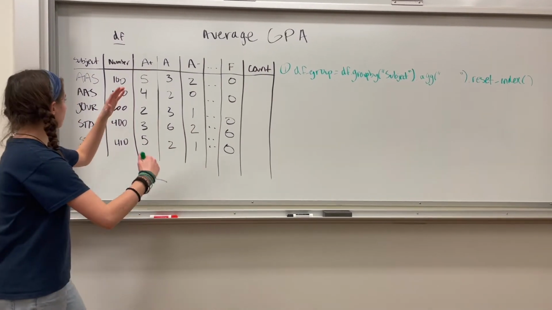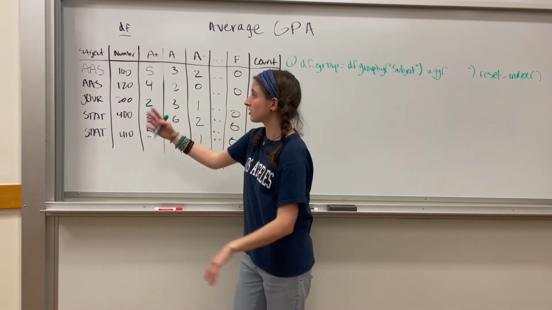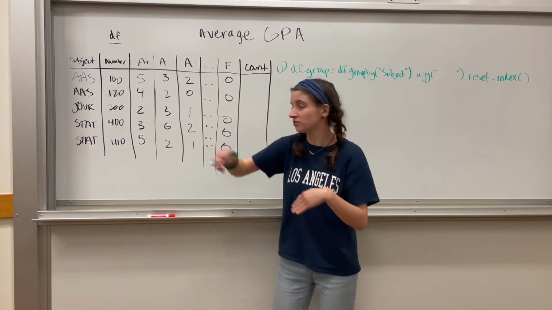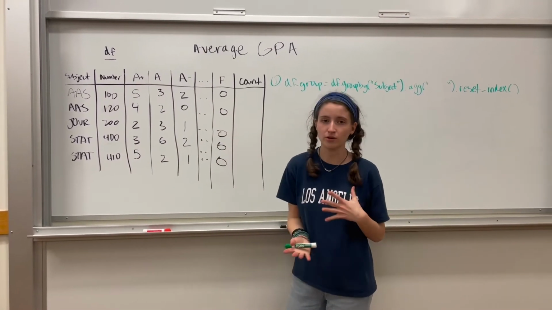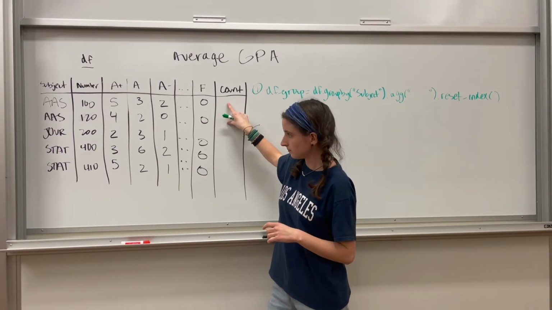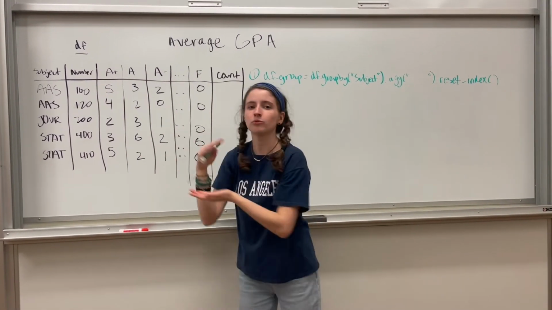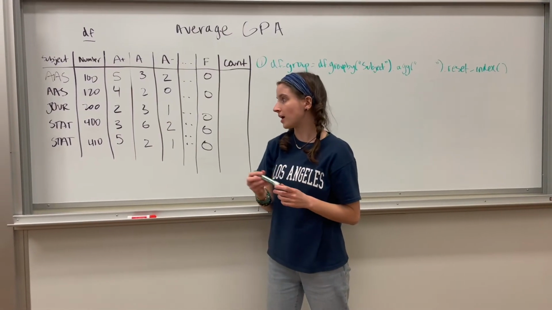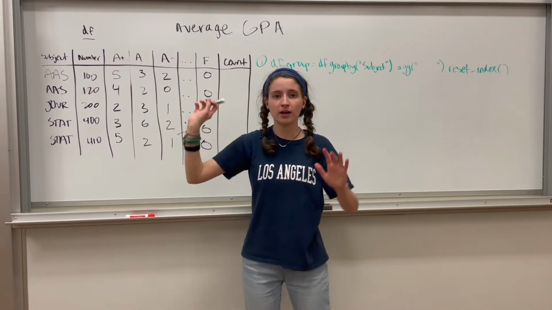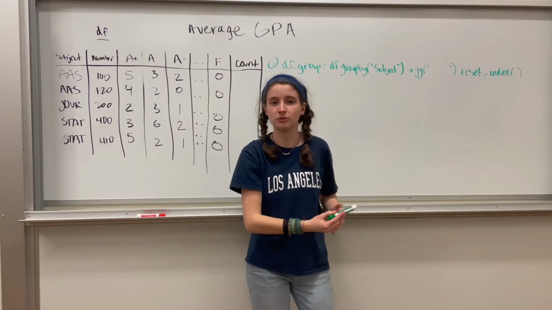And so when you're reorganizing by subject, this is kind of already organized by subject in itself, but when you aggregate, you're making one row for each subject, and then replacing the data with whatever aggregation function you add to it.